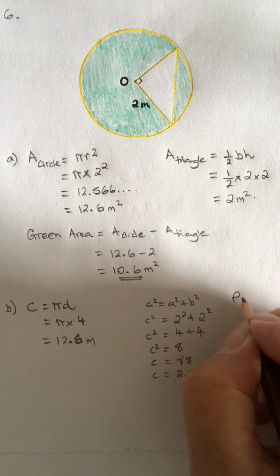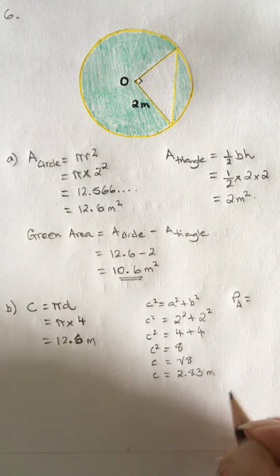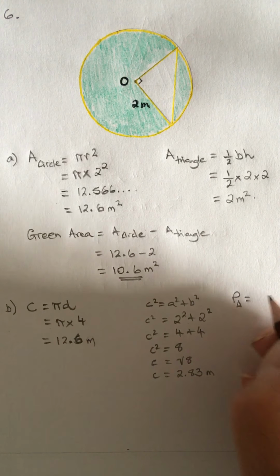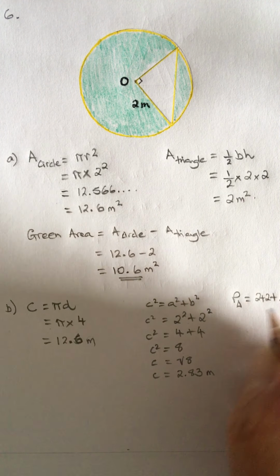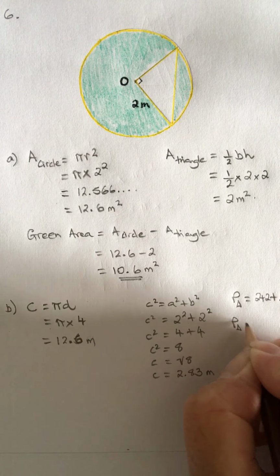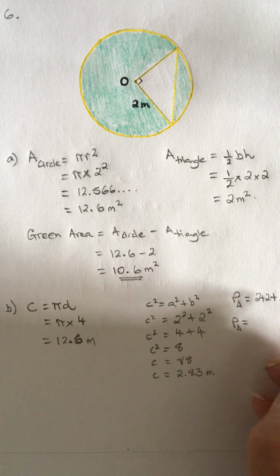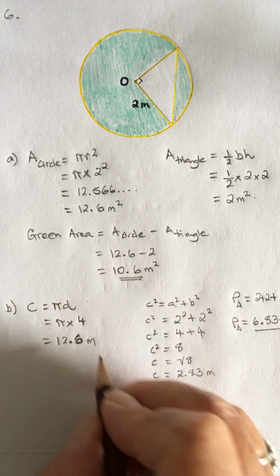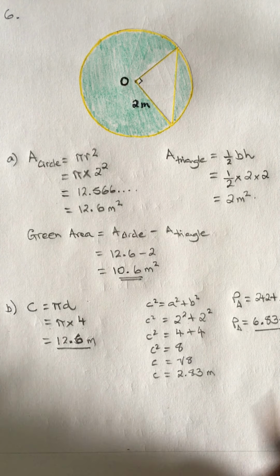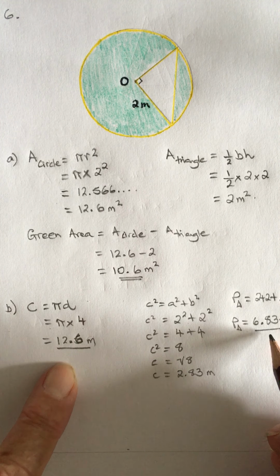So the perimeter of the triangle equals 2 add 2 add 2.83. When we add all that together, we get 6.83 metres.